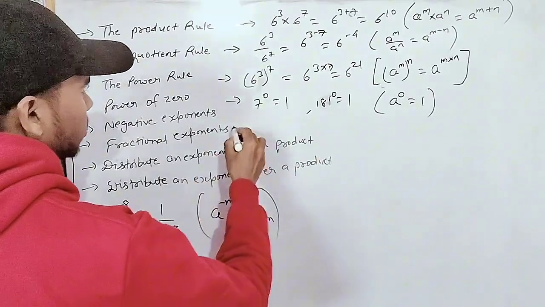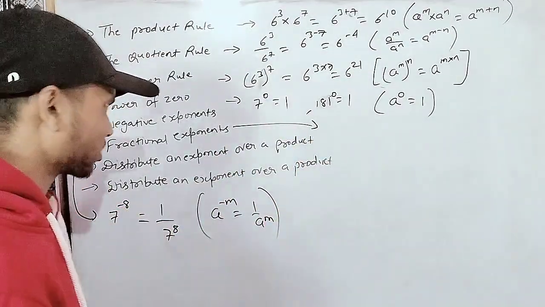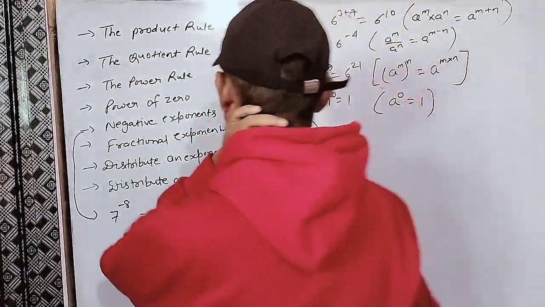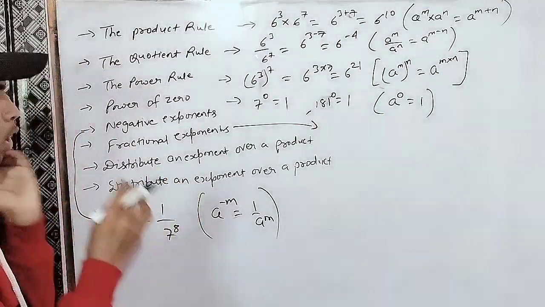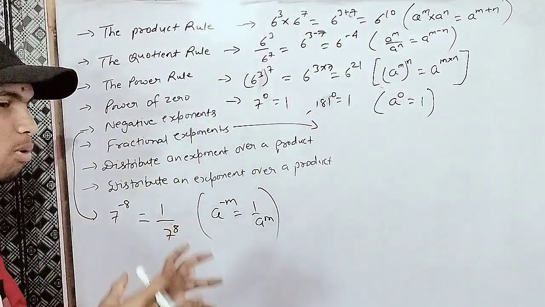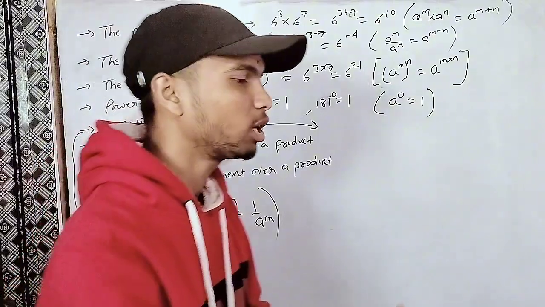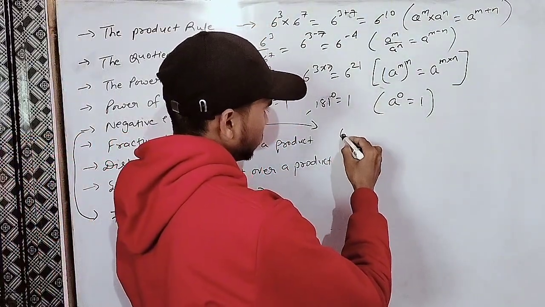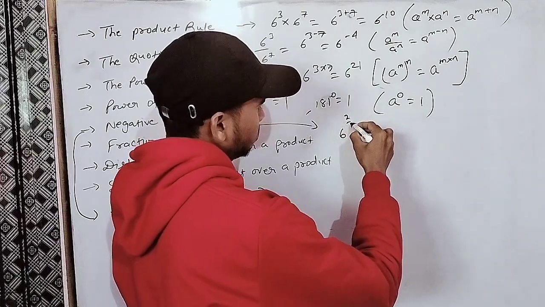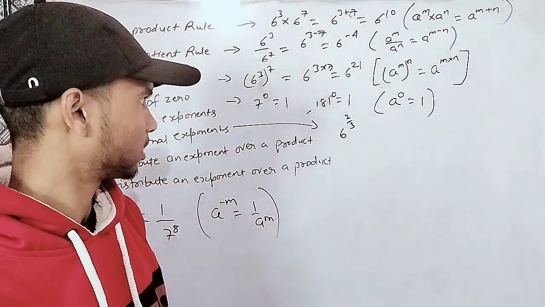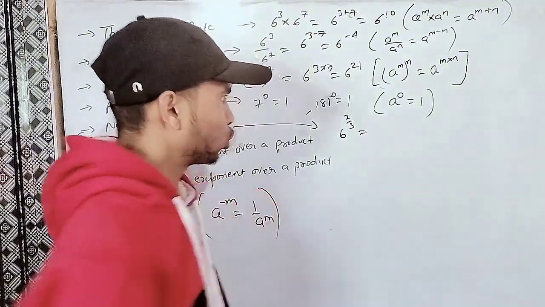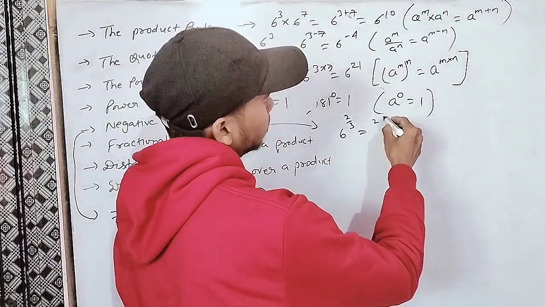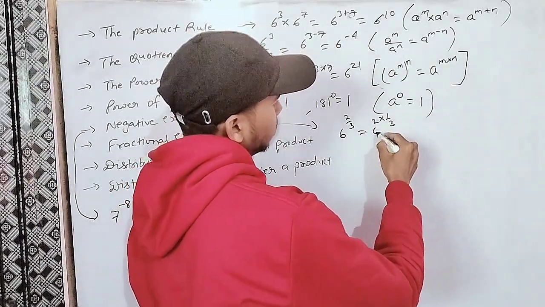Now it's time for fractional exponents. It is saying we have an exponent, but the exponent is a fraction. Let's say 6, okay, then we have 2 by 3, like that. So it can be written like that: 2 is a numerator, then 1 by 3, and then 6.